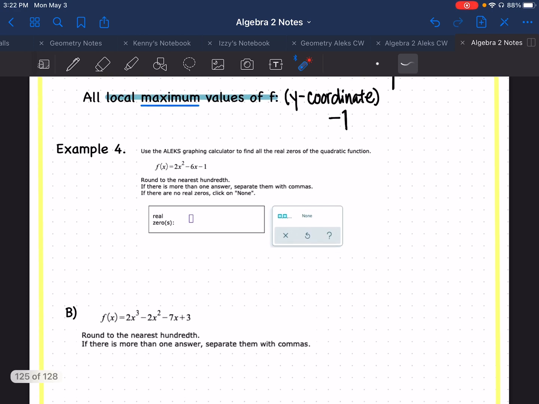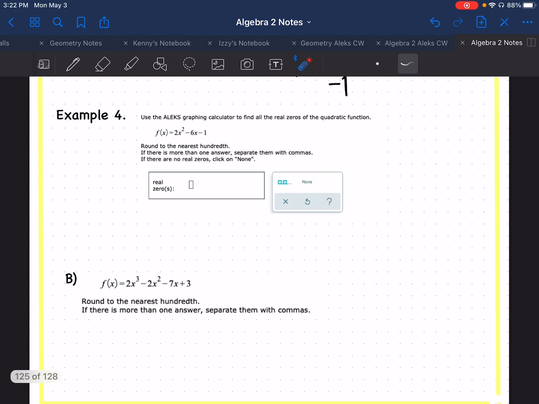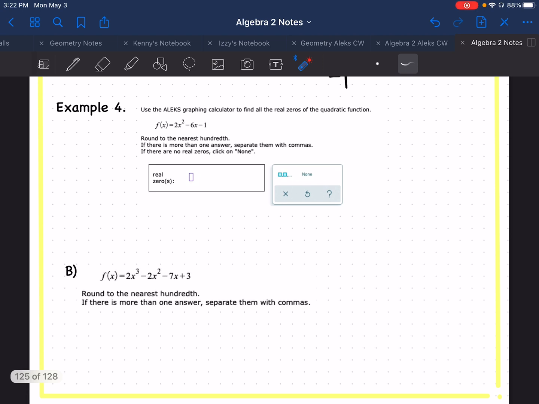All right, example 4 is going to ask us to use the Alg graphing calculator. Now, instead of using the Alg graphing calculator, I'm going to go ahead and use the Desmos graphing calculator. And it's going to ask us to find the real zeros of a quadratic function. And then it's going to come down here and ask us to find the real zeros of a cubic, okay?